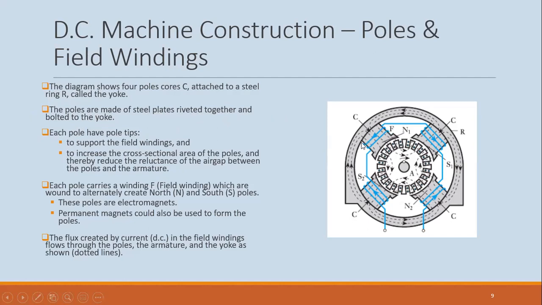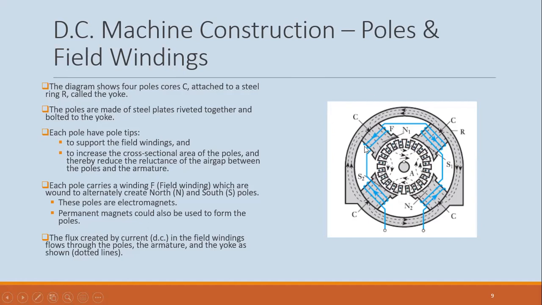And that is there to help secure the field windings or support them, right? And also to increase the cross-sectional area of the pole itself. So you have what? A lower reluctance in the air gap. So there's an air gap in here.